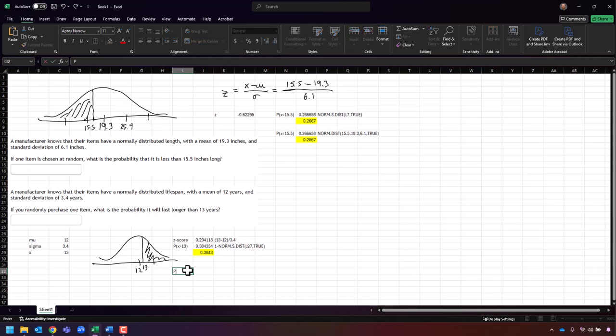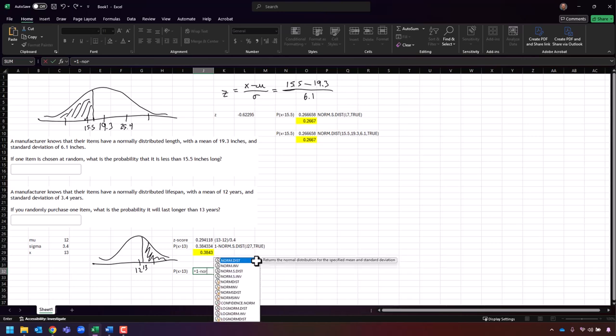Now, we have another function here we can use. The x is greater than 13. I'll do this now using the normal distribution function. Again, I'm looking for the area to the right, so I have to use 1 minus. Now I've got a normal distribution, and my x value, 13. My mean, 12.